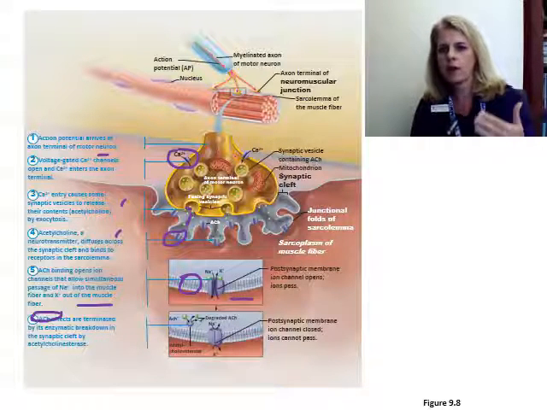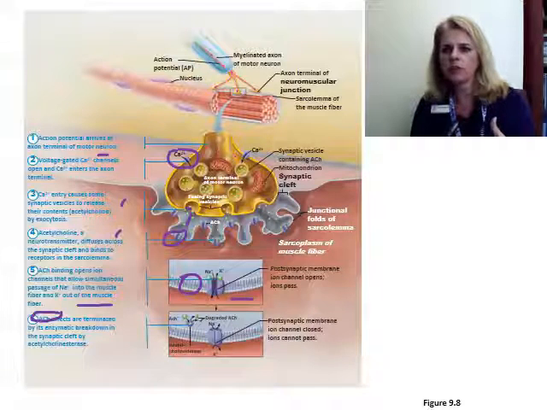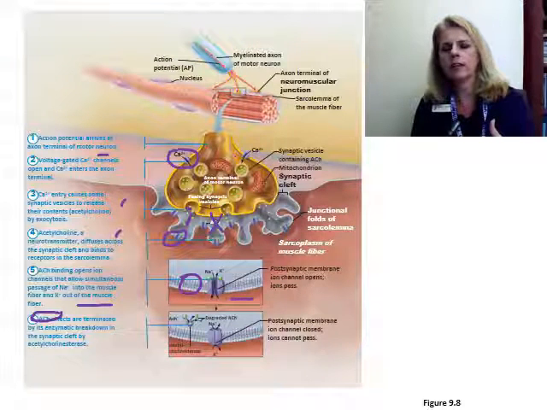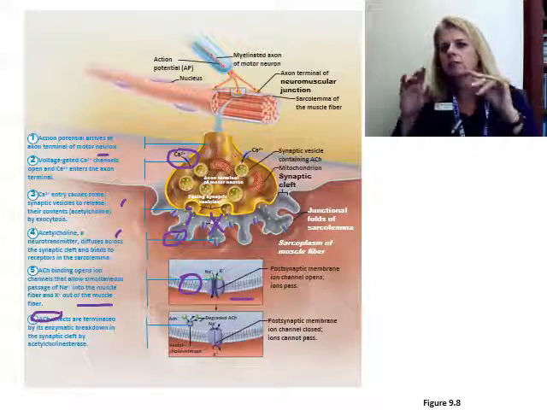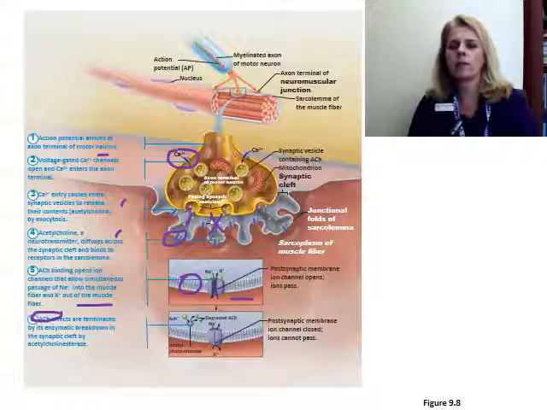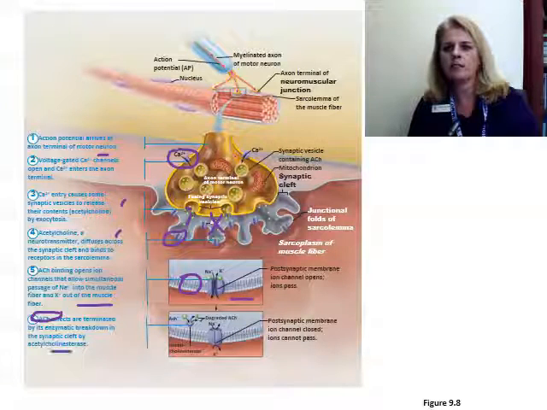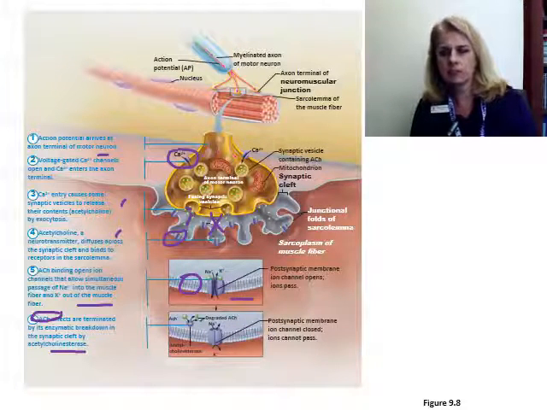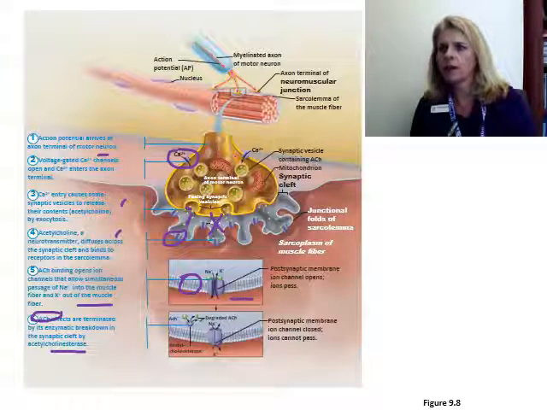So between muscle contractions, to stop a muscle contraction, you've got to get rid of the acetylcholine, and that can either happen because acetylcholine will just simply diffuse away, or it can be broken down by an enzyme called acetylcholinesterase.